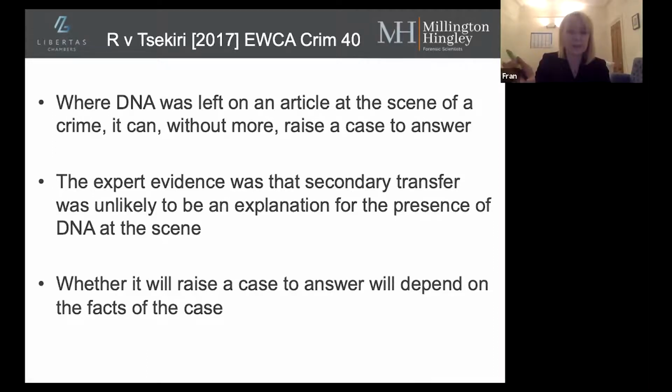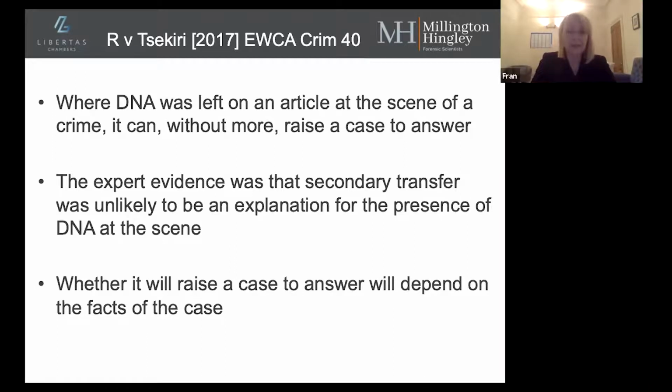Again, in that particular case, there was a DNA high match at 1 billion, and that was recovered from the door handle where the offender had opened the door. The court heard expert evidence of the type that we haven't been discussing here, but went as far as to say that secondary transfer in that case was improbable. Secondary transfer was unlikely to be an explanation for the presence of the defendant's DNA at the scene.